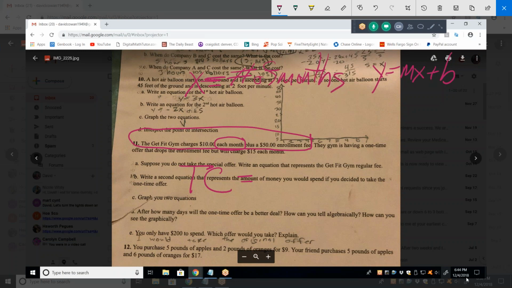Once I have defined that variable, now you can write an equation. What is the total charge going to be? Ignore everything after the first sentence. Let's just get this first sentence into an equation.